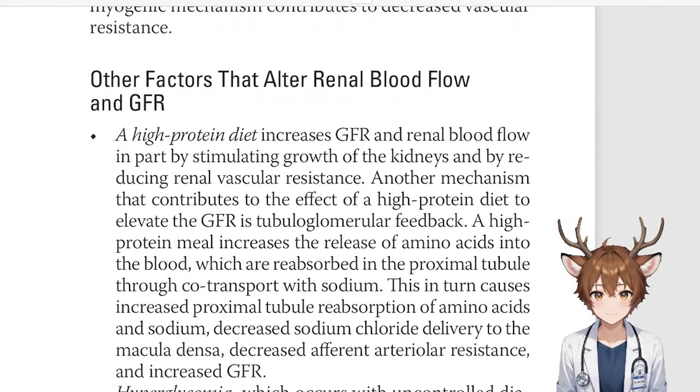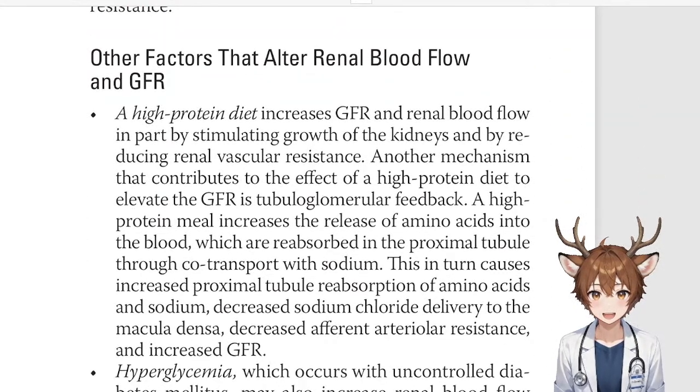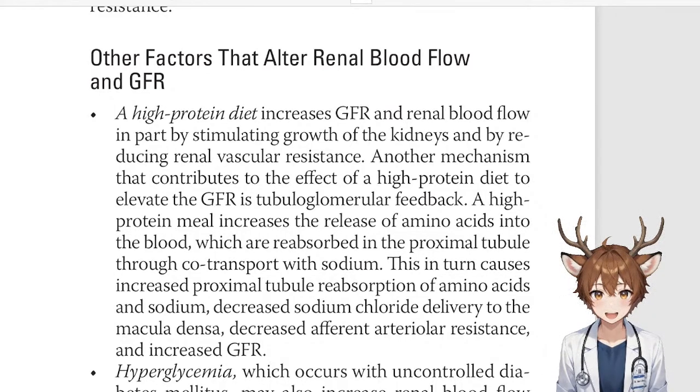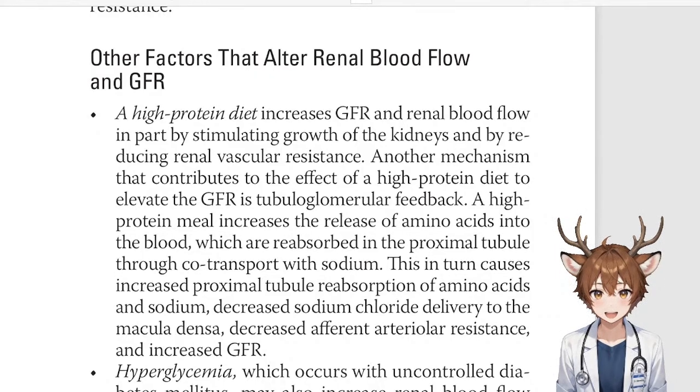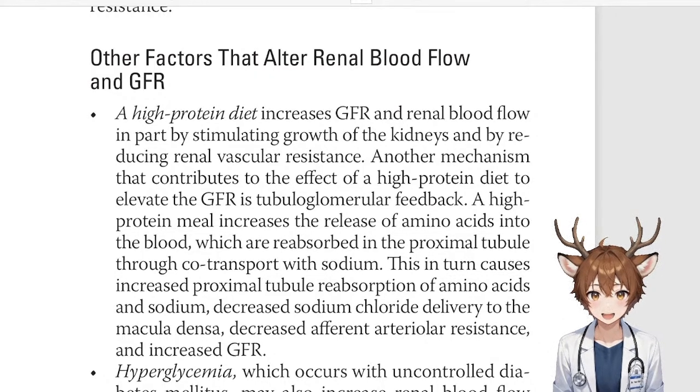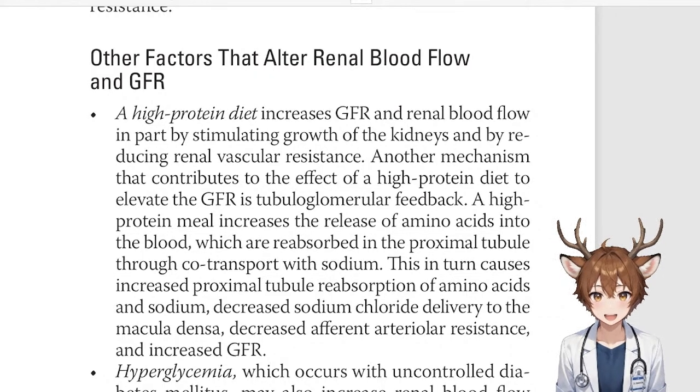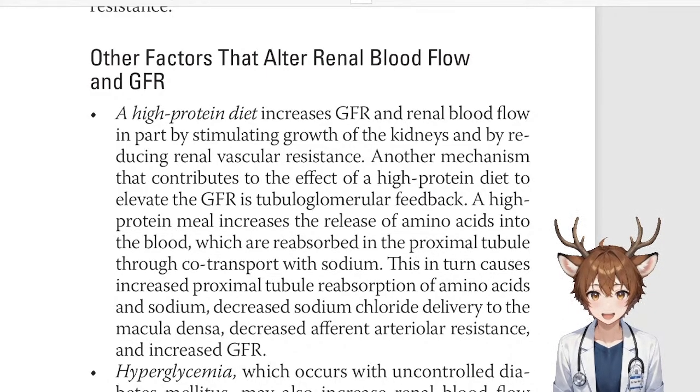Other factors that alter renal blood flow and GFR. A high protein diet increases GFR and renal blood flow in part by stimulating growth of the kidneys and by reducing renal vascular resistance. Another mechanism that contributes to the effect of a high protein diet to elevate the GFR is tubuloglomerular feedback.